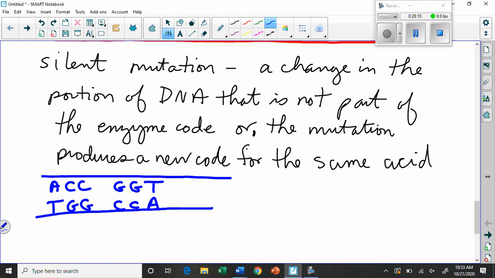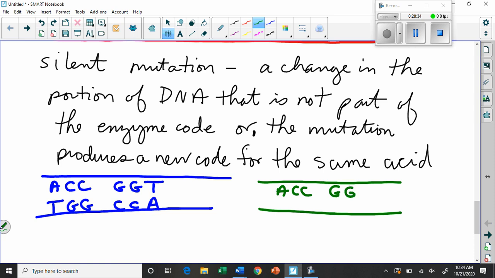Let's change the GGT, and let's say that the GGT gets changed to GGC. That would make this TGG and CCG on the bottom. All right.